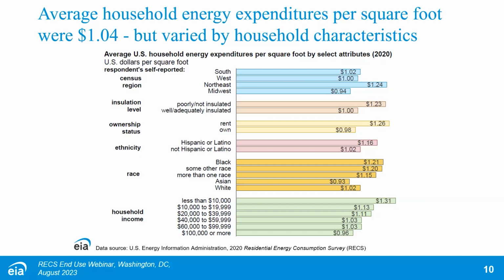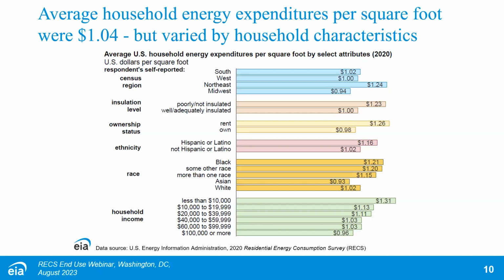So when you take the expenditures and divide them by square footage, the intensity is going to look a little higher per square foot in the smaller apartment. So what we think, we don't know, we haven't run a regression on this, is that potentially households earning less than $10,000 or in those lower income brackets, maybe they're living in smaller housing. So we might expect there to be a little bit higher intensity.